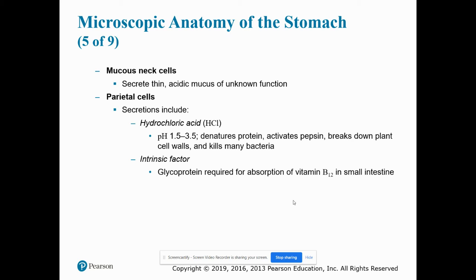Parietal cells also secrete intrinsic factor, a glycoprotein that is required for the absorption of vitamin B12 in the small intestine. In fact, secreting intrinsic factor is the only thing that the stomach does that's essential for life.